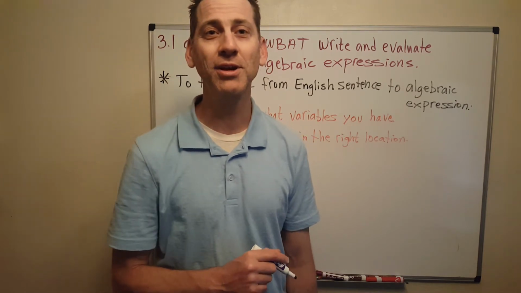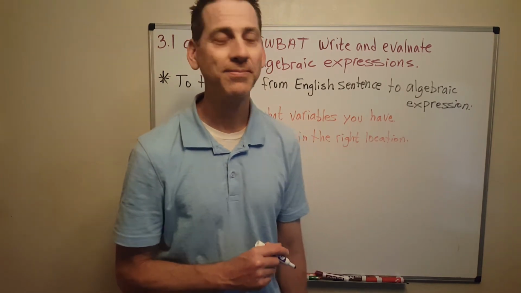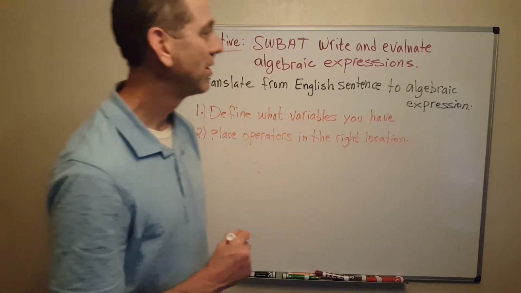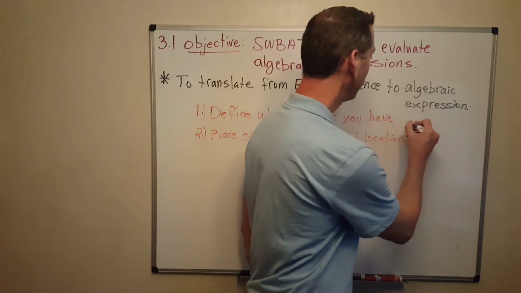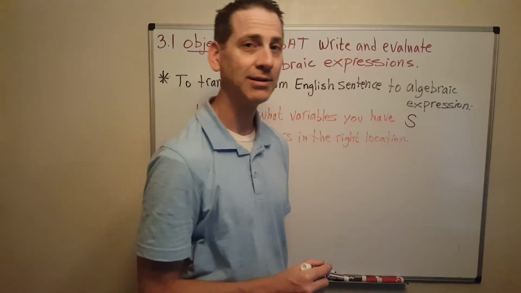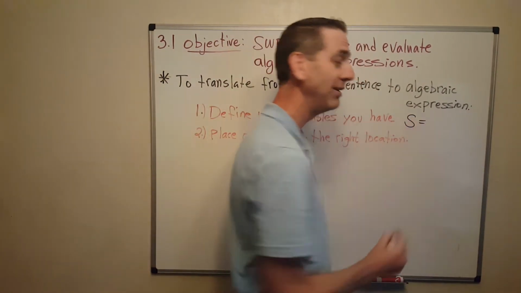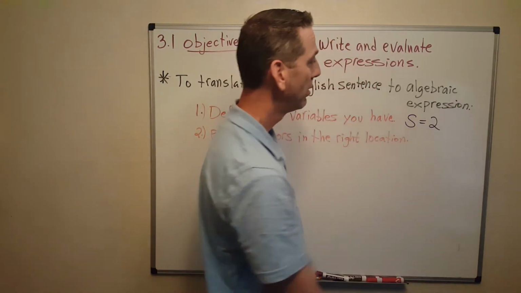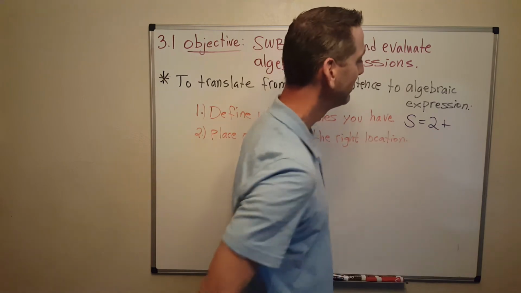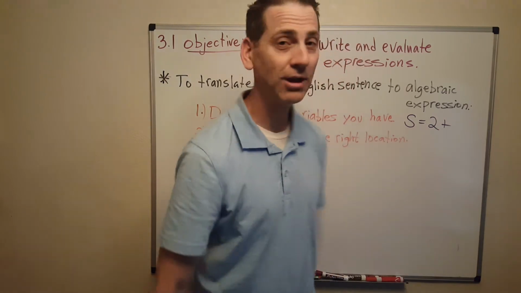Pause this video, see if you can come up with a variable. All right, Sheila has 2 more cell phones. So I could say Sheila, I'll just say S, is equal to 2 more cell phones than Tom.